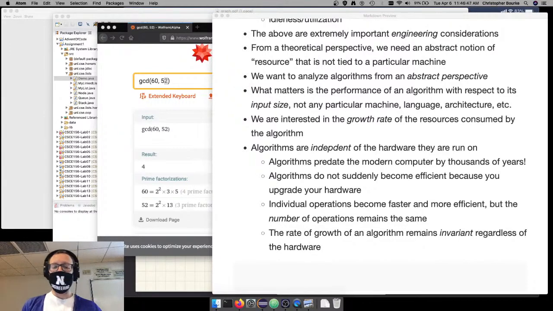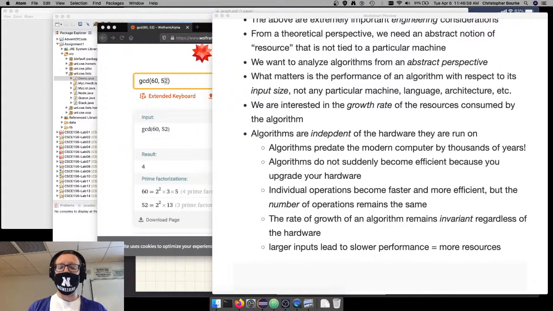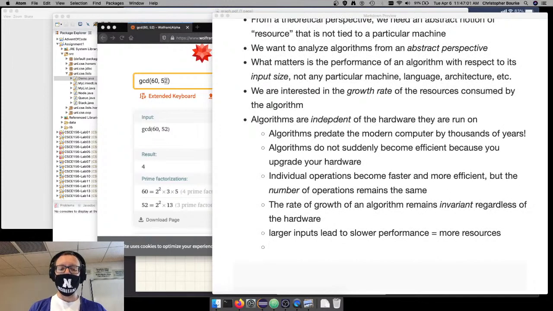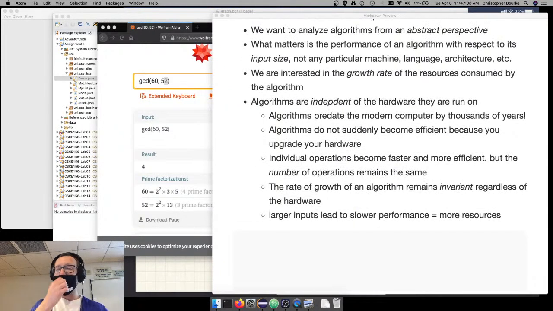So the idea here is that larger inputs lead to slower performance. Slower performance means more resources, etc. So what we need is a formal framework for describing an algorithm and its efficiency.